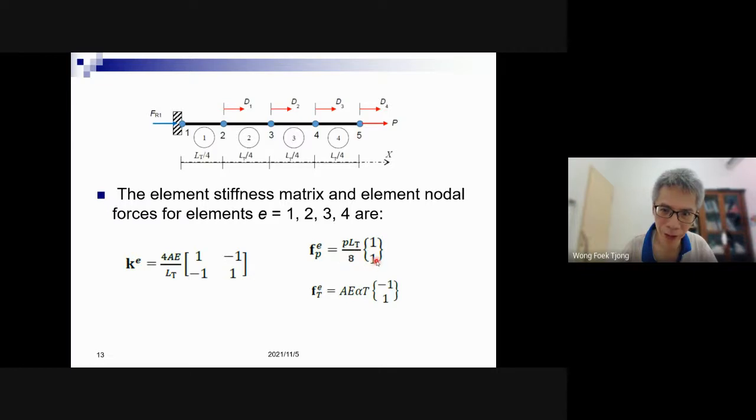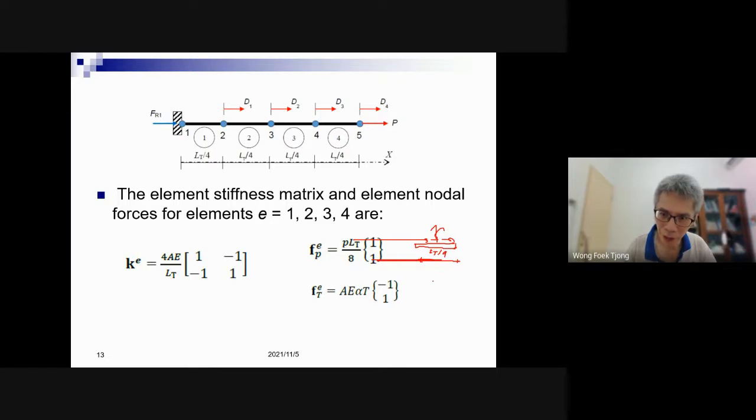This is the nodal load vector. What does it mean actually? In the continuum model, we have the constant distributed load P. In the finite element model, the length of each element is LT over 4.